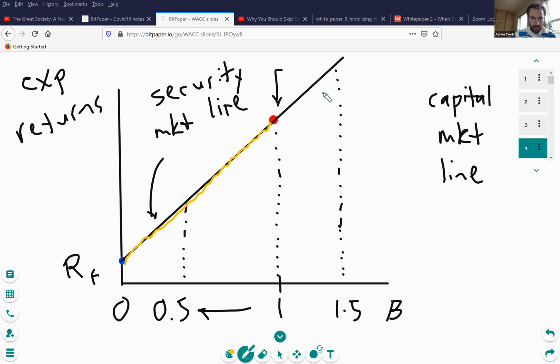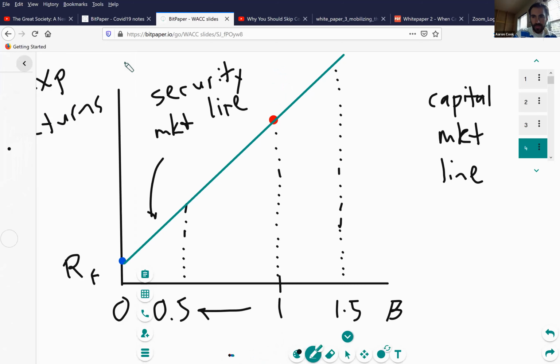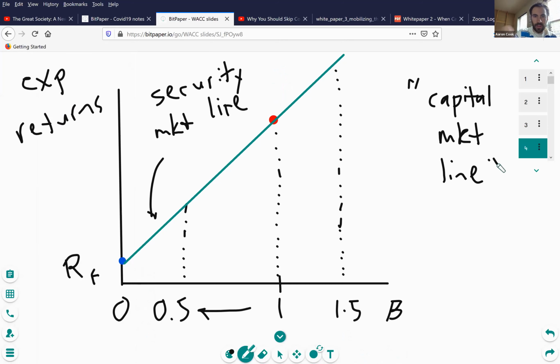Okay, yeah. So let me just be clear about this. The teal line is the security market line. That's either the security market line or the capital market line. So are you saying you could use the terms interchangeably? Yeah, those are synonyms. Yep, capital market line, security market line.